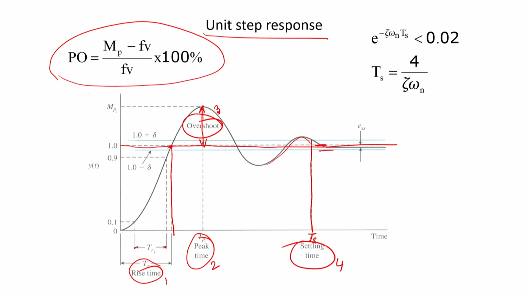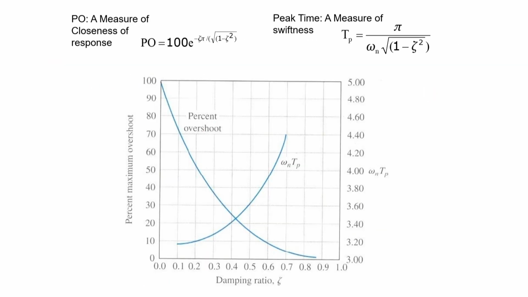And then the other one is the settling time, which is 4 over zeta omega n. That means, the more the natural frequency or more the damping ratio, the lesser will be the settling time for the system. Now, if I look at that with respect to the damping ratio, if you see, this is the relationship between percentage overshoot and the damping ratio. That means, percentage overshoot is only the function of the damping ratio.